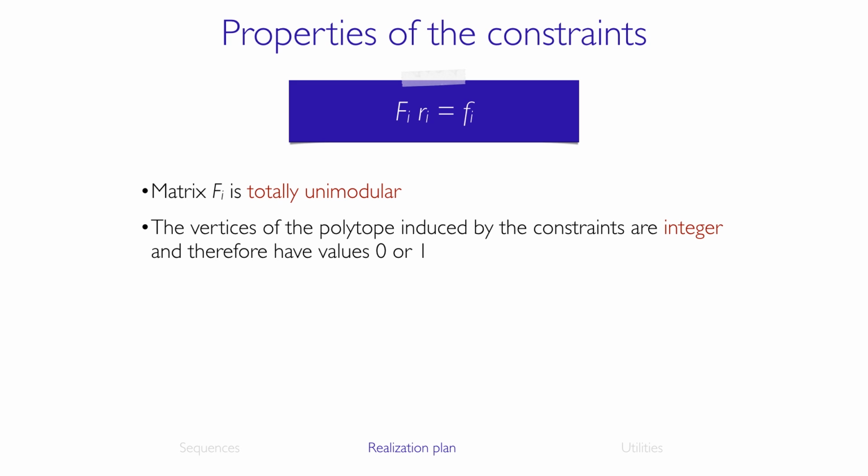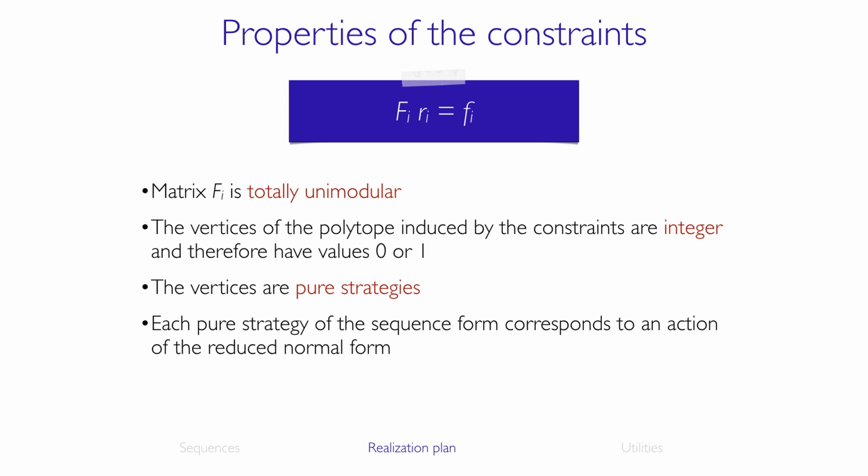This is the case since any realization plan can assume values in 0 and 1. The vertices of the polytope being integer correspond to pure strategies of the player. Finally, each vertex of the polytope corresponds to a plan of the reduced normal form. This just means that any vertex of the polytope is a pure strategy that, by definition, is a plan of the actions of the reduced normal form.